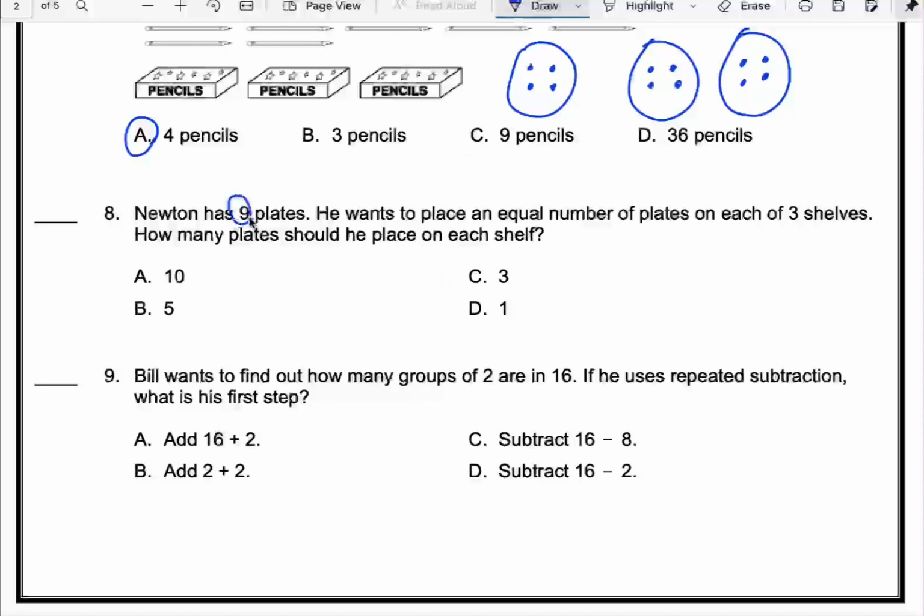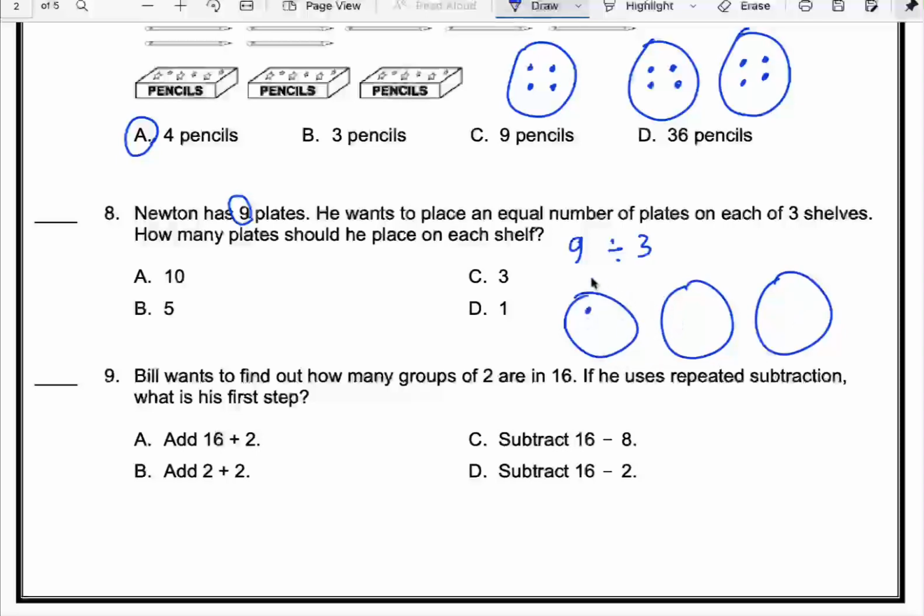This 9, we need to multiply it or divide it? Okay, so we need to divide the 9 to how many shelves? How many groups? 3. So let's divide it into 3 groups. Okay, 1, 2, 3. Let's start counting. Count with me.